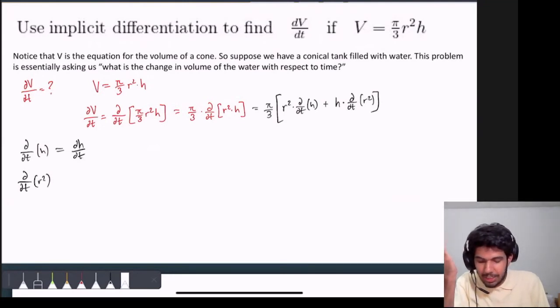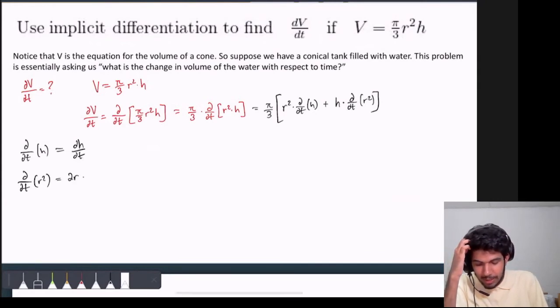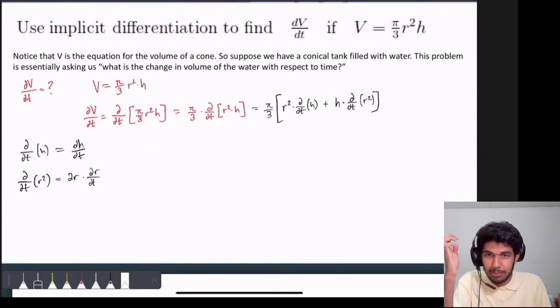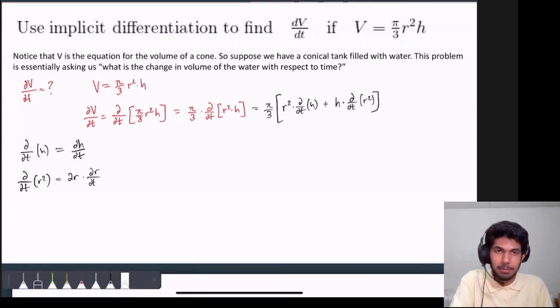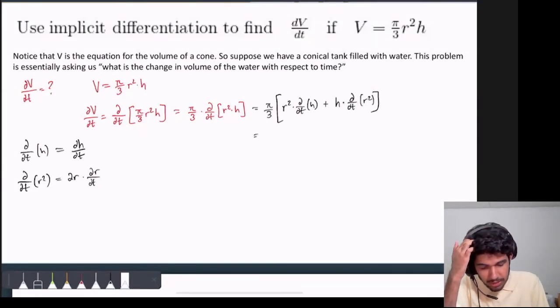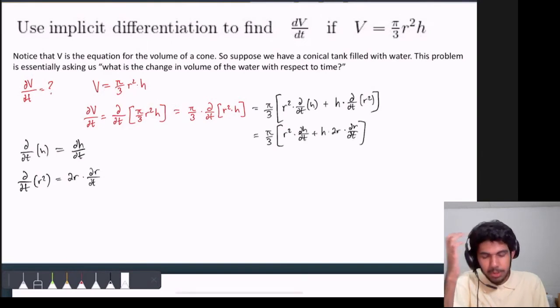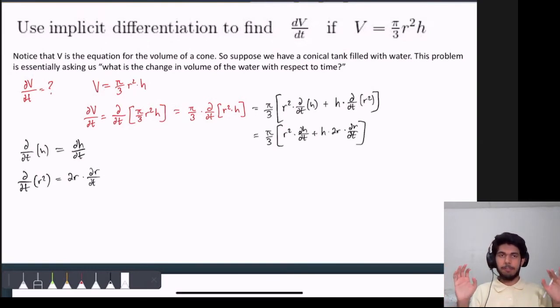We do a similar technique where we do this power rule type thing, 2r times d/dt, and we're differentiating r with respect to t. It's very similar to what we just did, except now with different variables. So now we just substitute: pi over 3 times r squared times dh/dt plus h times 2r times dr/dt. And really, that's what we're going to keep the answer at for now.